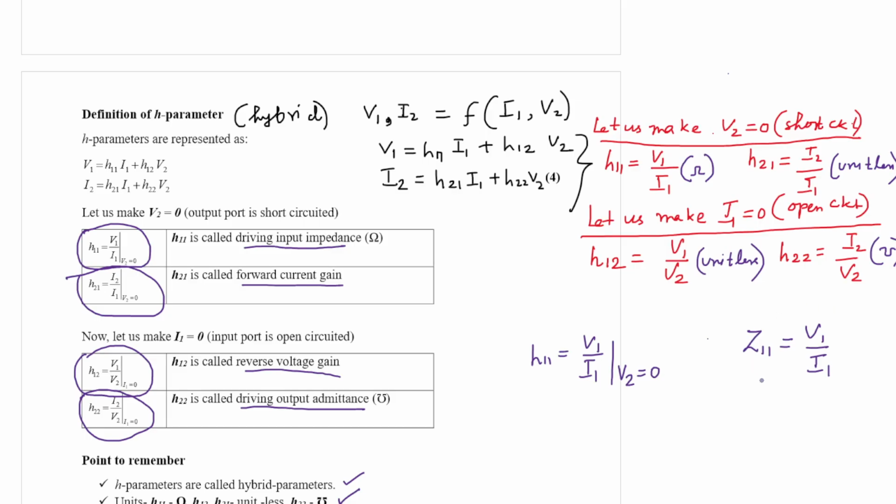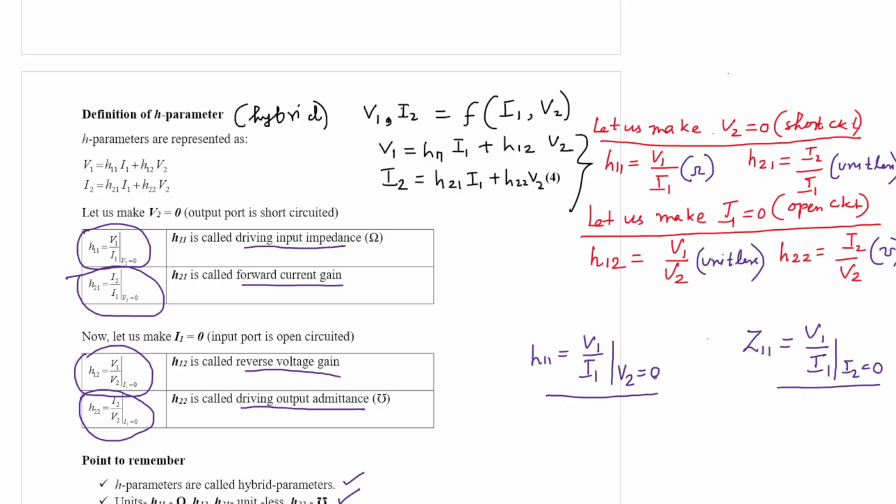And Z11 is equal to V1 by I1 only with I2 equal to 0. One you get by short circuiting, and Z11 you get by open circuiting. For any network, making an open circuit or a short circuit, both things are not the same.